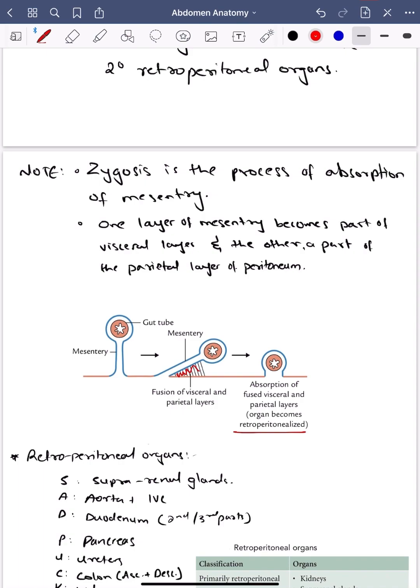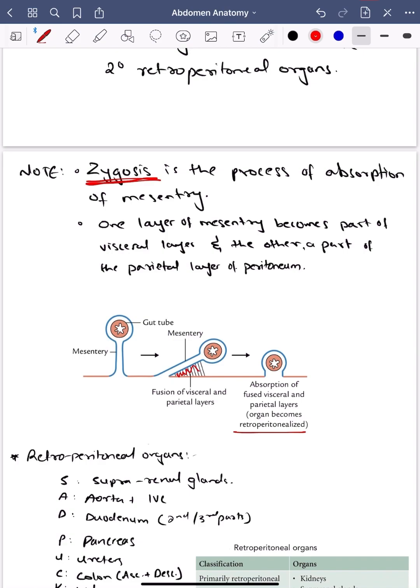Okay. So we've discussed primary retroperitoneal organs and secondary retroperitoneal organs. And remember, a secondary retroperitoneal organ is initially intraperitoneal, but because of the process of zygosis becomes secondary retroperitoneal. And for your exams, zygosis may be asked as a 1-mark question, as in, secondary retroperitoneal organs are formed by the process of dash zygosis, or the process of absorption of mesentery is known as dash zygosis.